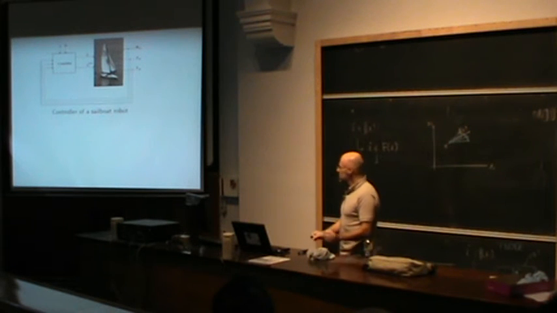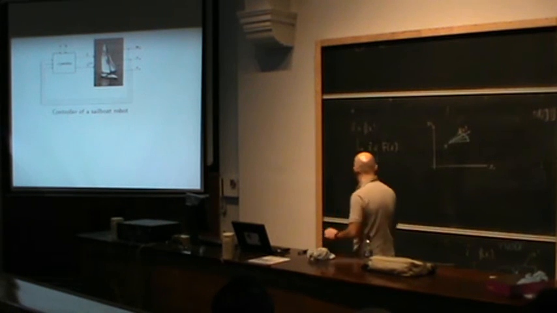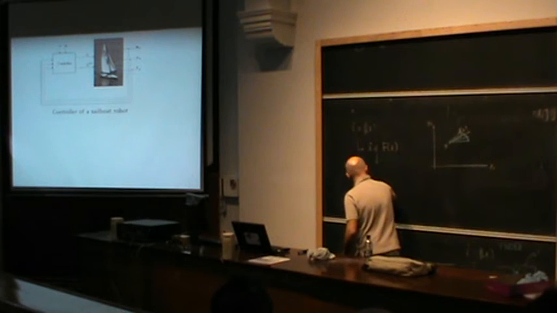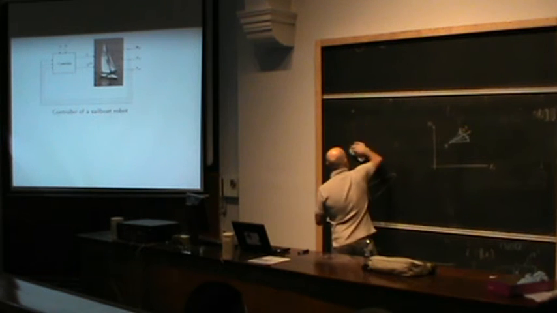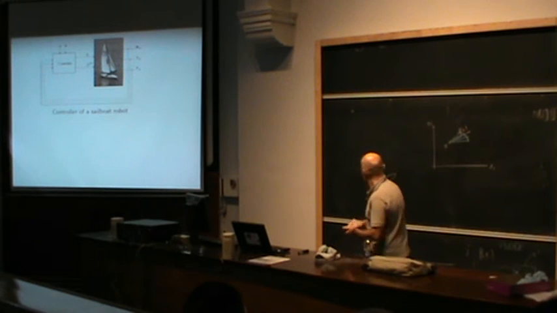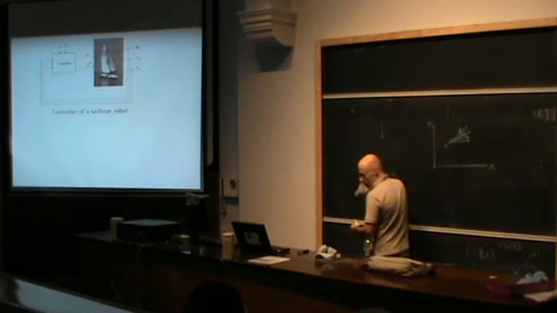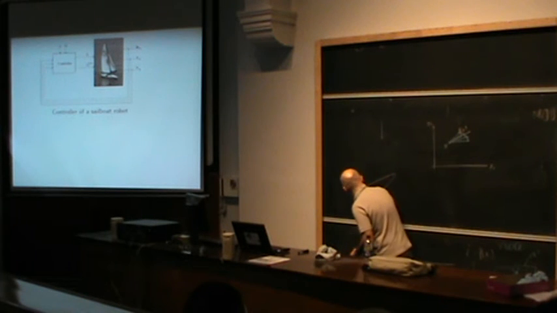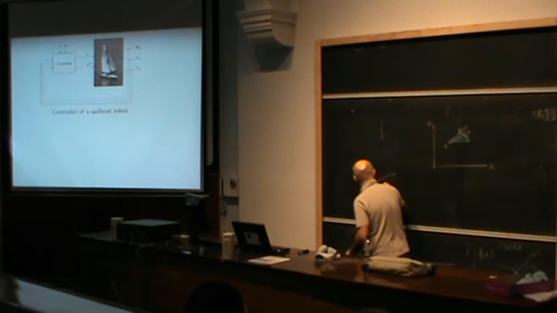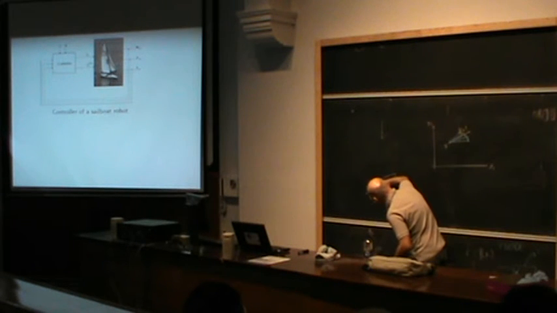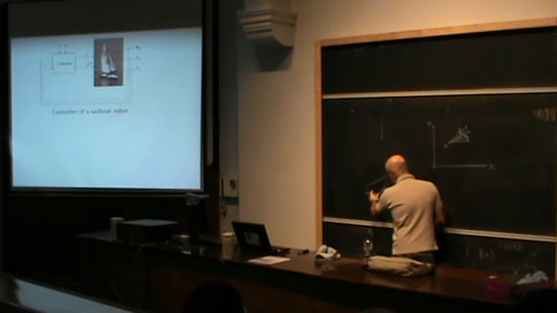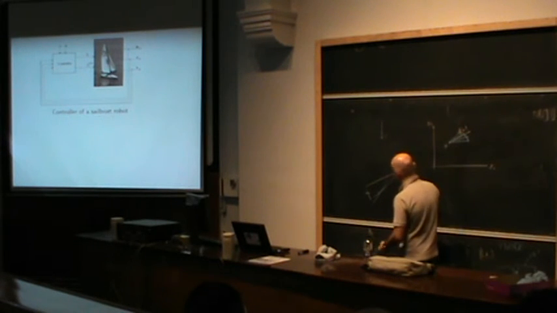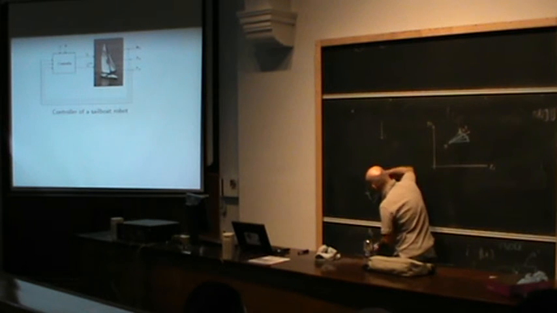Why? Because if I have the robot here, and the wind comes from here, here you have the rudder, here you have the sail. The sail is like this, and here you have the main sheet, some kind of rope between the center of the boat and the sail.